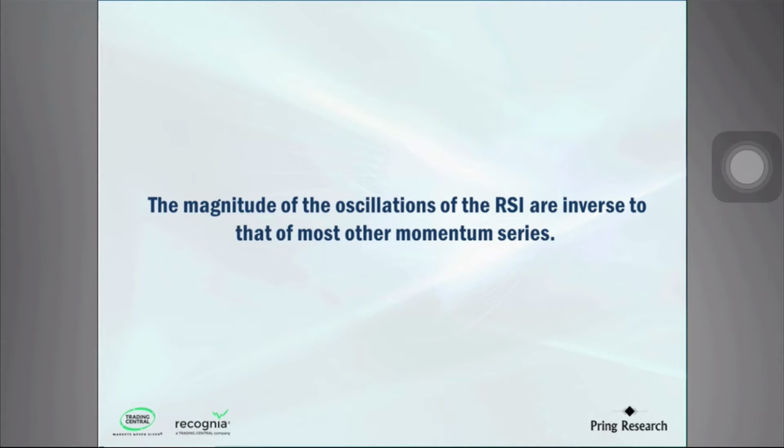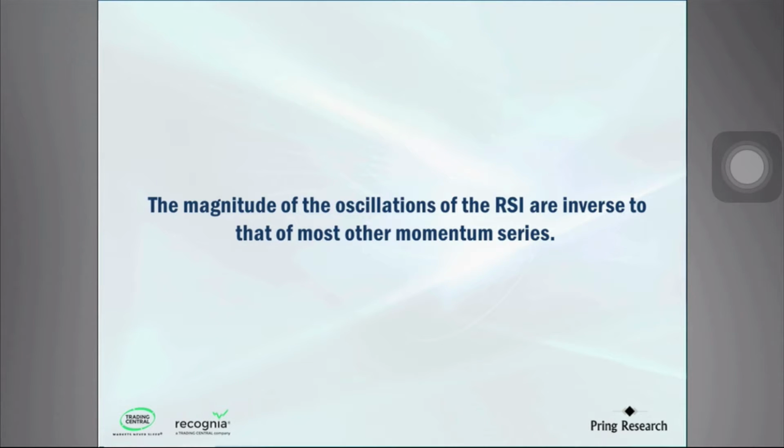It's important to note that the magnitude of the oscillations of the RSI is inverse to that of most other momentum series. For example, the rate of change indicator is subject to wider fluctuations the longer the time span. It works in an opposite way for the RSI. Since the equilibrium or halfway point for the RSI is the 50 level, it's traditional to place the overbought and oversold lines equidistant from this point.